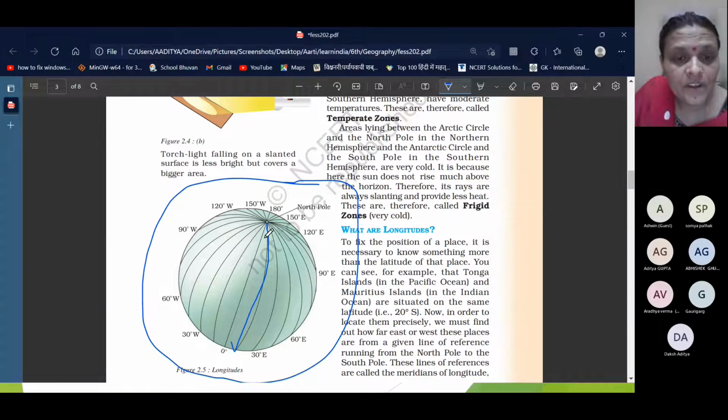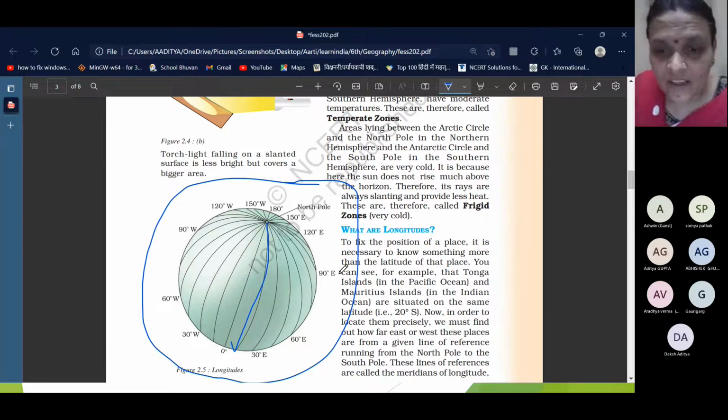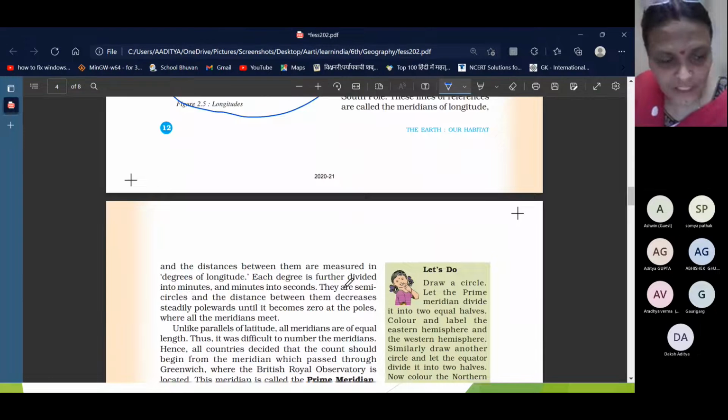See here, 0 degree and 90 degree. It is very much perpendicular to, see, I'll show you here.